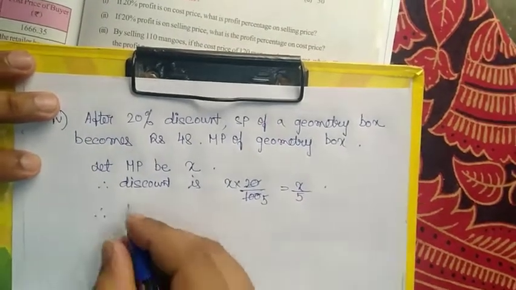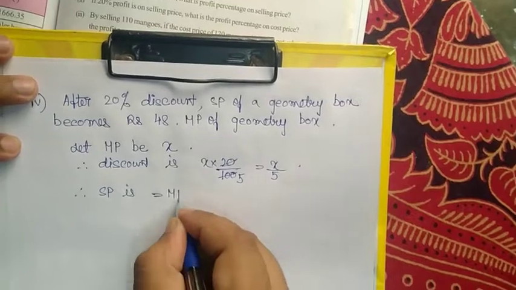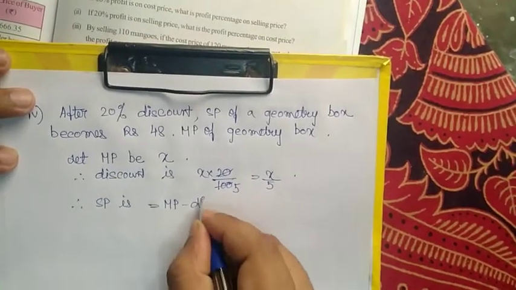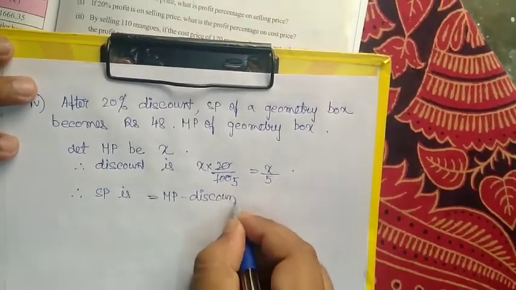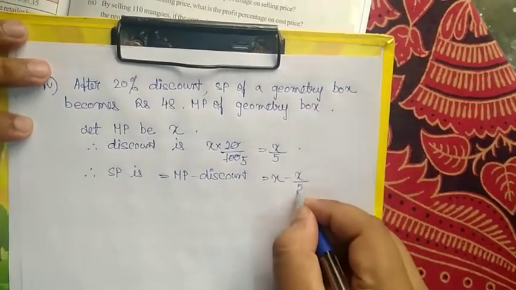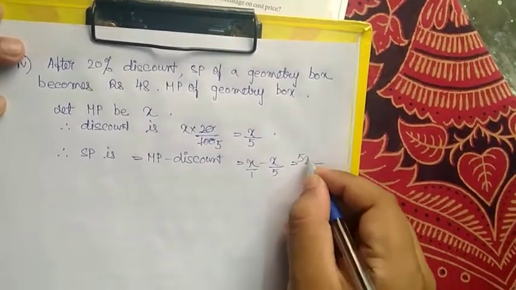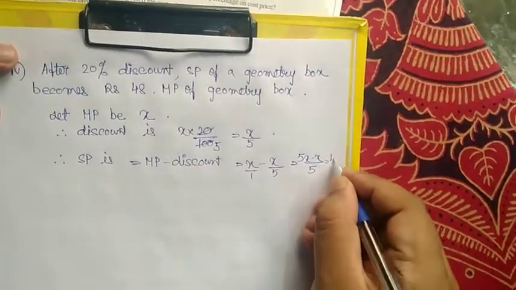So therefore SP is market price minus discount. Market price is X, discount is X by 5. 5x minus x equals 4x by 5.